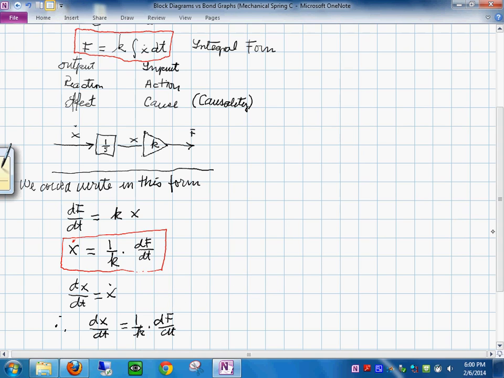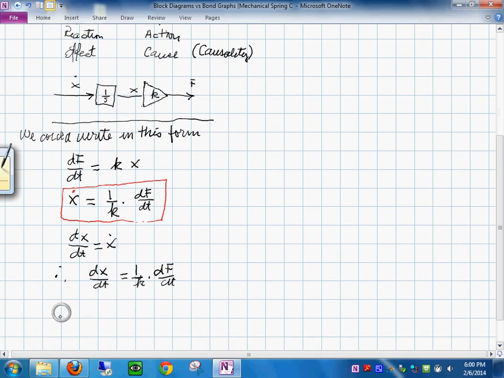How do we represent this in block diagram form? This is saying that the input that comes in here is f, yeah?